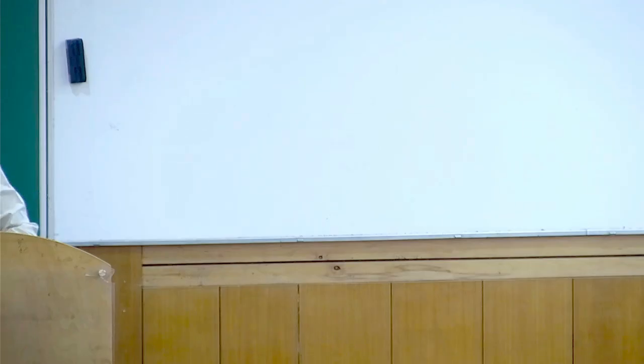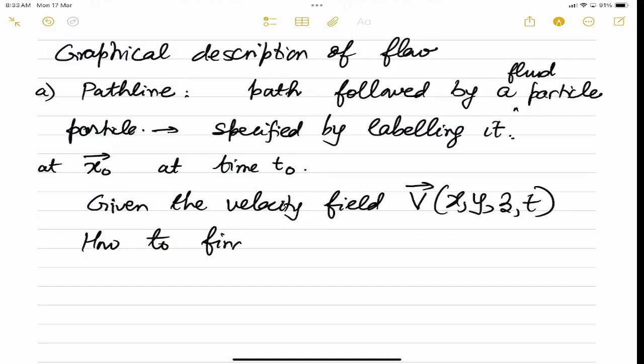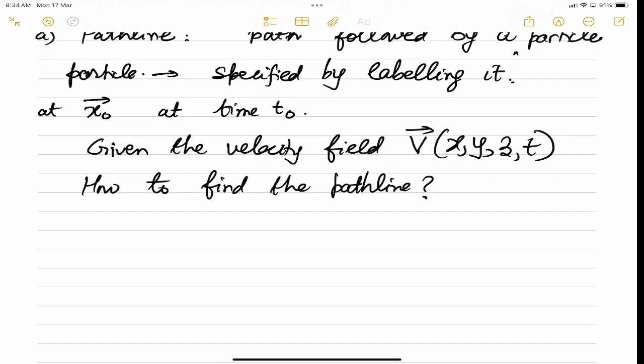Now, suppose we are given the velocity field V(x, y, z, t). And then we ask the question, how do we find the path? So given the velocity field, because again you'll realize in fluid mechanics, we will in general follow the Eulerian approach.